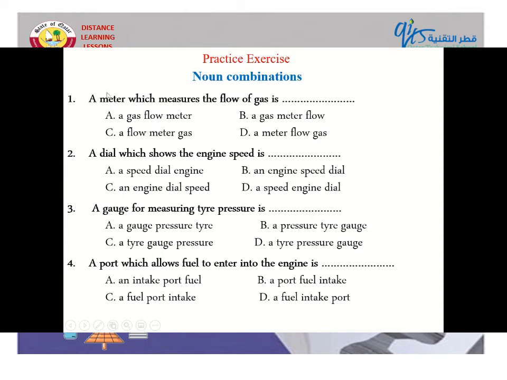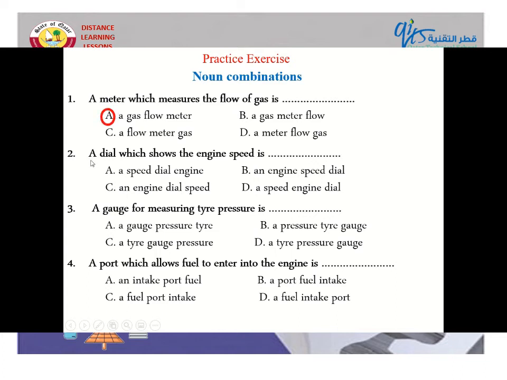Now, here, a meter in the expanded form, which means our correct option must have meter at the end of the combination. So we have meter here, looks like the correct option, but let's look at the other options. Flow here, wrong. Gas here, wrong. Gas here at the end, wrong. So our answer is A.